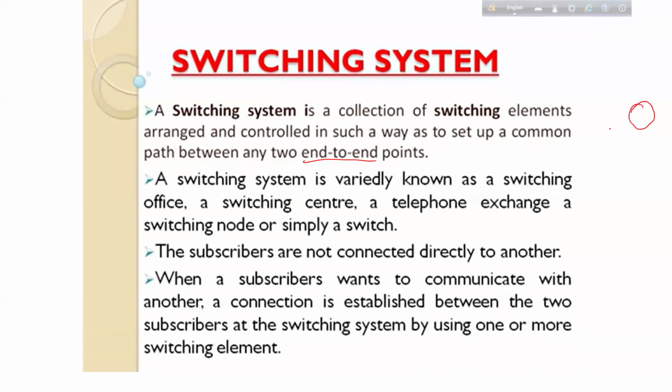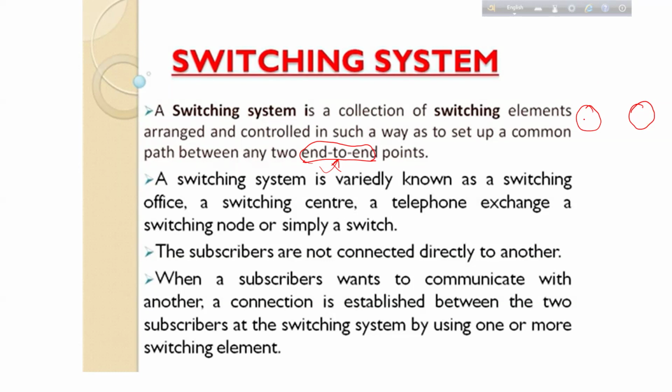So the end devices or end nodes can also be referred to as end-to-end points. I mean, no intermediary points. They should be the end points. So like this is one end point, this is another end point, or this is an end node, this is another end node.